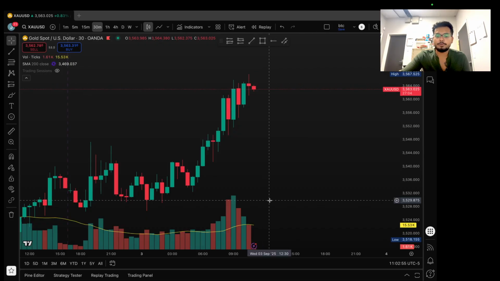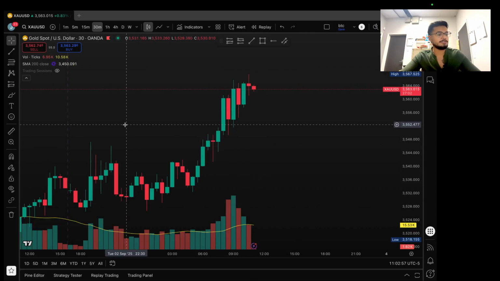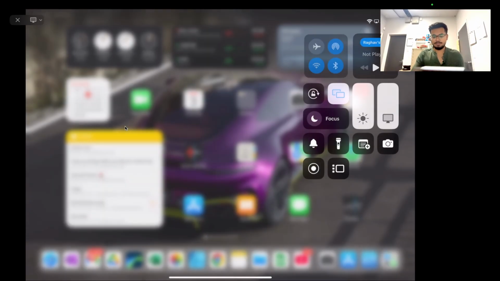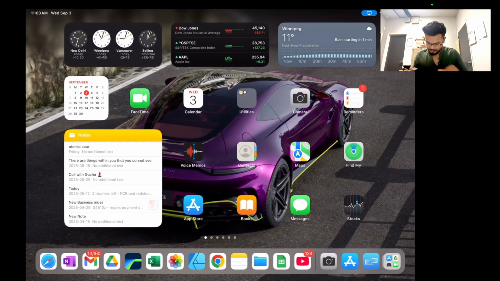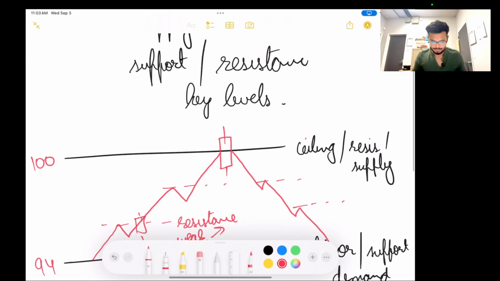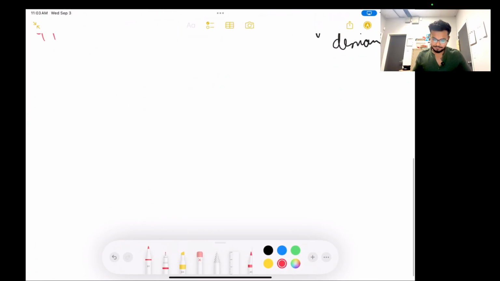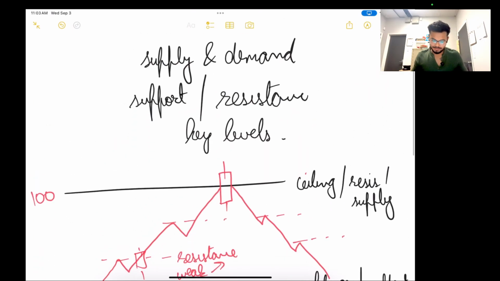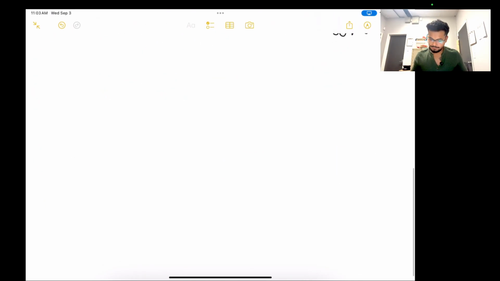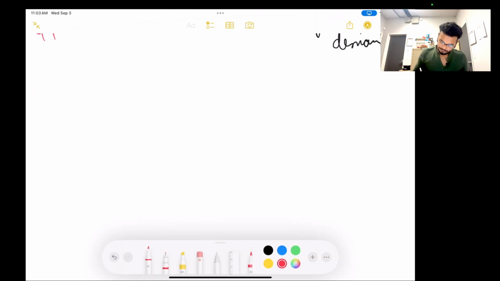So support, you know what, let's start with this. This here will help you understand this much better. Notes, okay. This here I was trying to explain it to my younger brother. Okay, support and resistance.